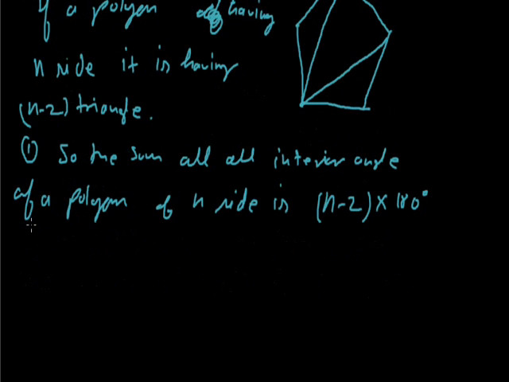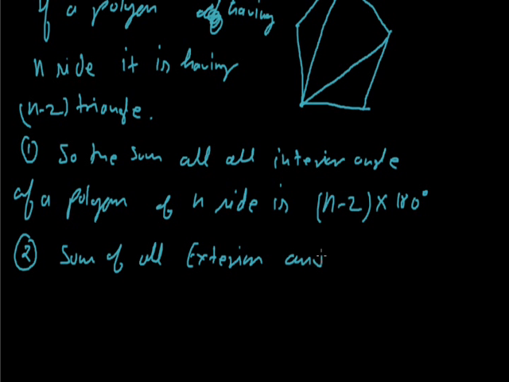Now the second result is that the sum of all the exterior angles of a polygon is 360 degrees. It is independent of n.